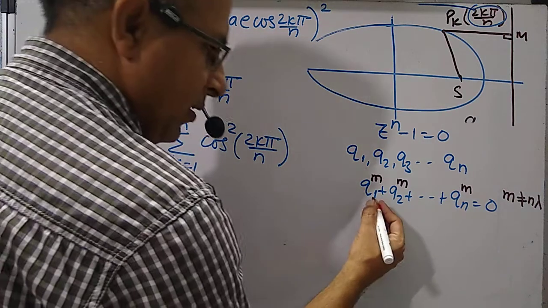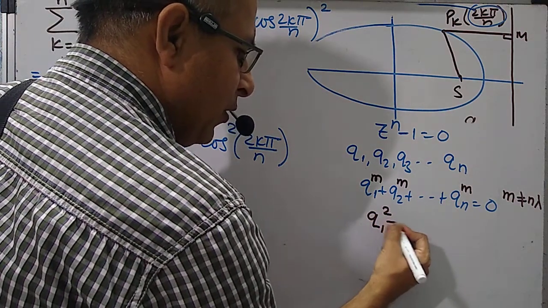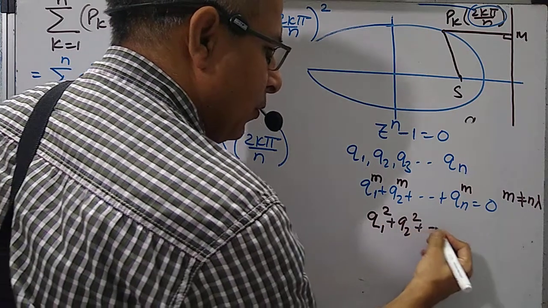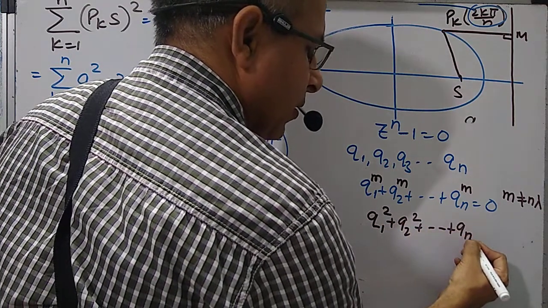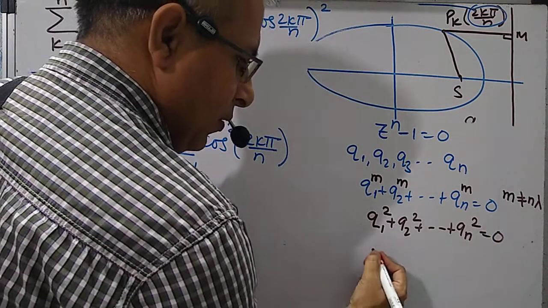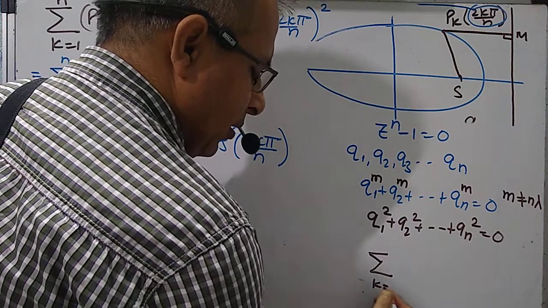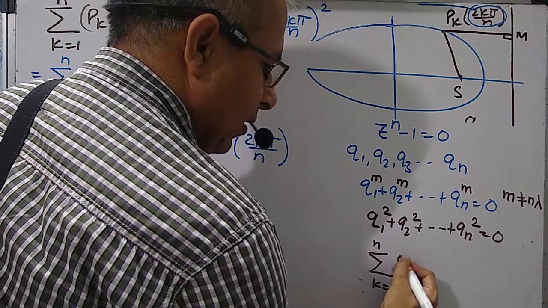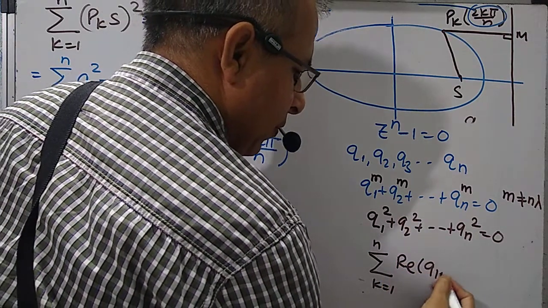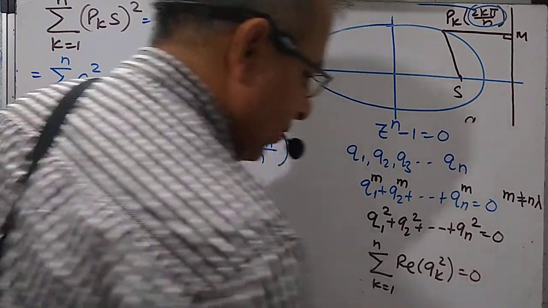So we say that this is 0 if we put m equal to 2. So q1 square plus q2 square plus qn square equal to 0. So we can write sigma k equal to 1 to n, and the real part of qk whole square is 0.